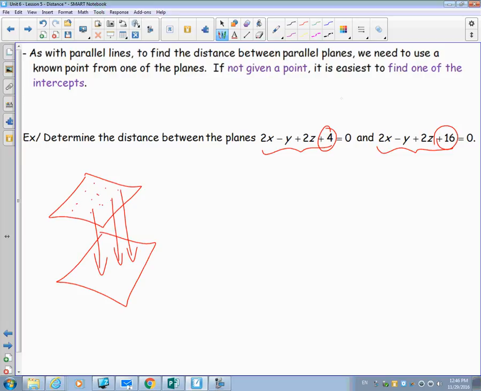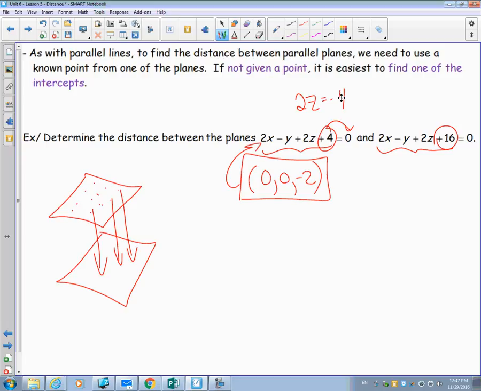The easiest way to find a point is to find one of the intercepts. And by that I mean make x and y be 0 and solve for z, or y and z be 0 and solve for x. Your choice. So for instance, if I make x 0 and y 0 here, I'm left with 2z equals negative 4, bring the 4 to the other side, and z will be negative 2. Well, this point is on this plane, for sure.